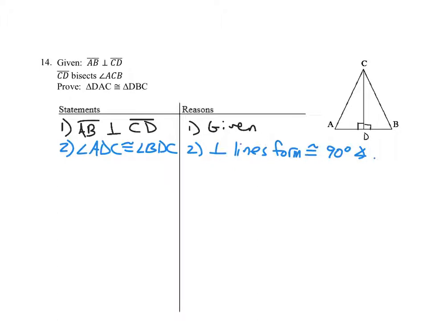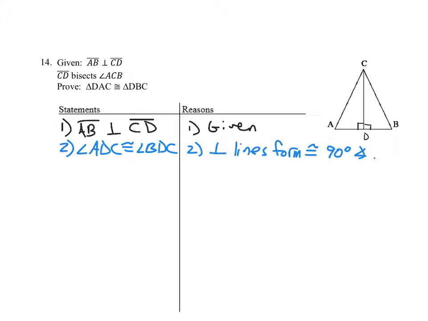Here's the deal. My statement wasn't that the two angles are 90 degrees. My statement was that the two angles were congruent. So my reason needs to justify congruency. So the perpendicular lines form 90-degree angles, true. But those 90-degree angles are congruent to one another, which allows me to make the statement that those two given angles are in fact congruent.